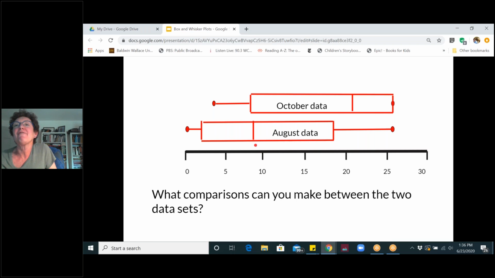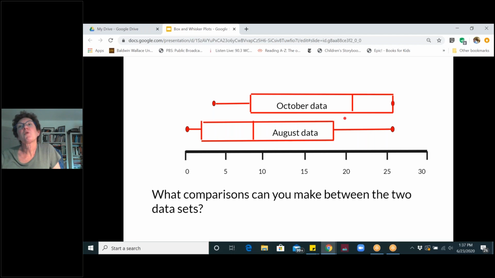Then here's, like, look at the median of the August data. How does that compare to the median of the October data? Another way of asking is, is the median greater than the October data? You said is the median greater?